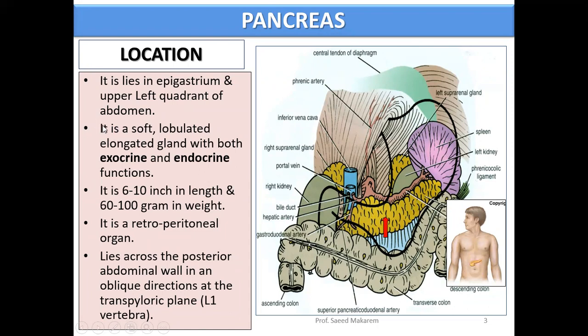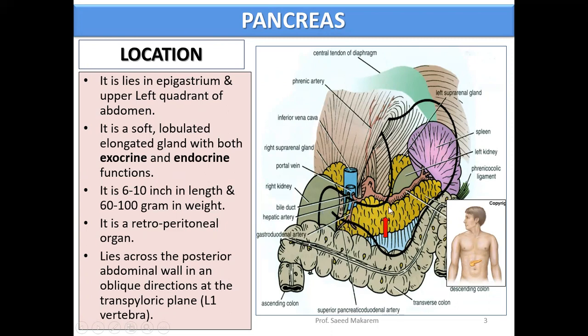It is, as you know, a soft lobulated elongated gland with both exocrine and endocrine functions. So it is a mixed gland which is soft because there is no bone or something like that. It is soft in nature, lobulated as well as elongated. As you can see here, this yellow colored structure is elongated.